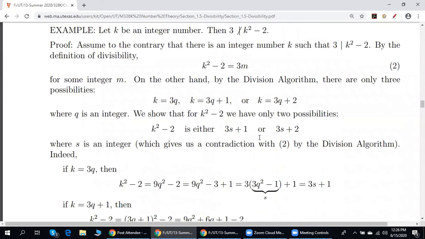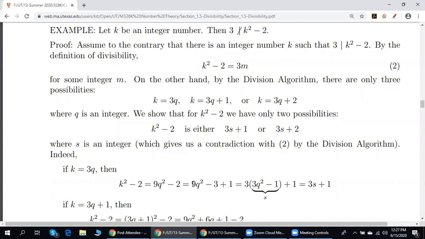Well, now let us replace k first by this, then by this, and then by this. If over here we replace k by 3q, this term becomes 9q squared. Note that negative 2 can be rewritten as negative 3 plus 1.